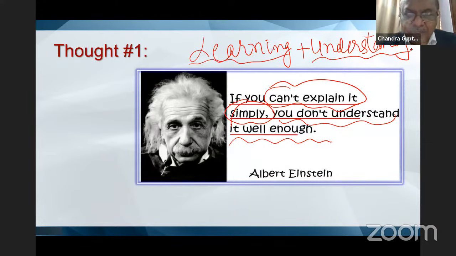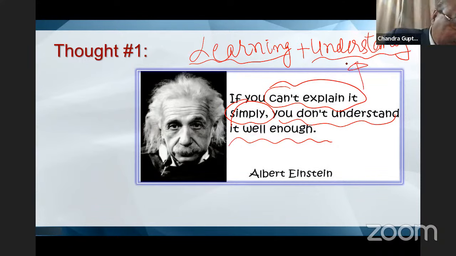You must have observed and experienced that when you have clarity and understanding about something, you could explain it simply to others in simple terms. If you understand something, a complex thing can be made simple, and you can communicate that simple thing to the people. So what is more important is understanding.